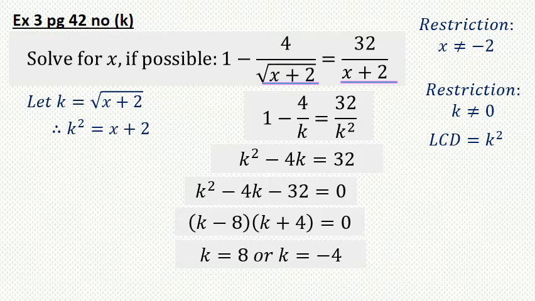Unfortunately, the question wants us to find a value for x, not for k, so we have to take this even further and substitute again. We made k be the square root of x plus 2, so now we need to remember that.